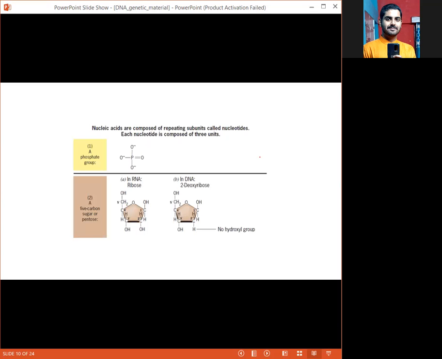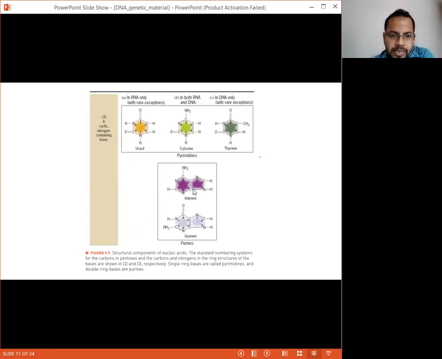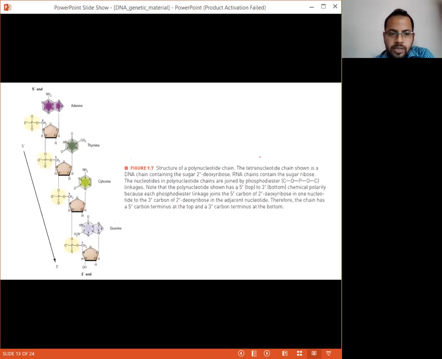So the answer is, in the case of the sugar molecule, the carbon is present, and again here the carbon is present in the bases, right? So how do you differentiate which carbon it is? If you are seeing this structure on a strand, carbon is present in the sugar molecule as well as the nitrogenous bases.